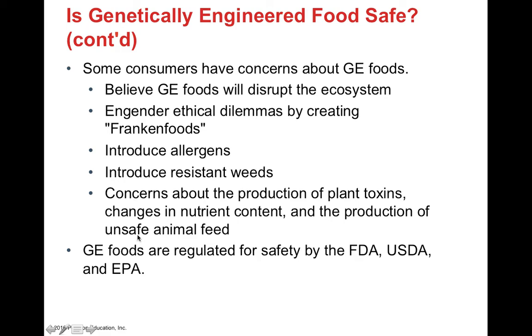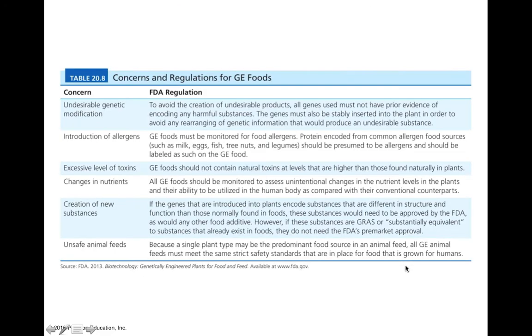So now we have to have regulation of genetically engineered foods, and they're going to have regulation under the same guidance as we have previously for our regular food, namely the FDA, the USDA, and the EPA. So here are the concerns and regulations of genetically engineered foods, including that we might have a genetic modification that was undesirable, so something that we didn't mean to have.